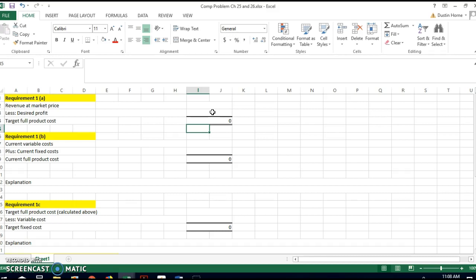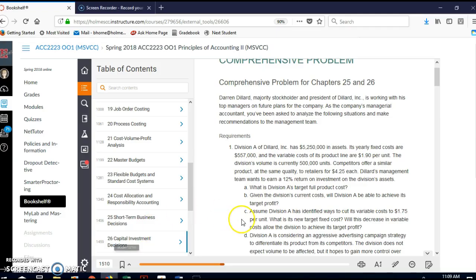We're kind of just rolling through chapter 25, and then we'll work our way through chapter 26. Now let's look at requirement B. Given the division's current cost, will Division A be able to achieve its target profit? So right now our cost is $190 per unit.